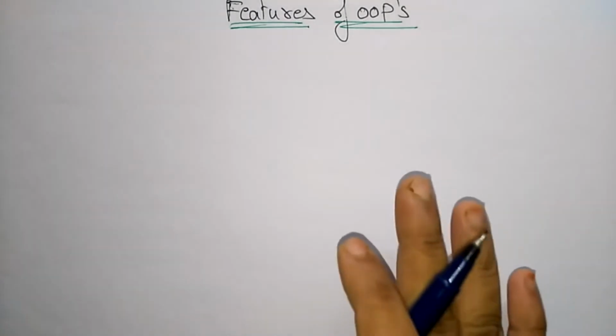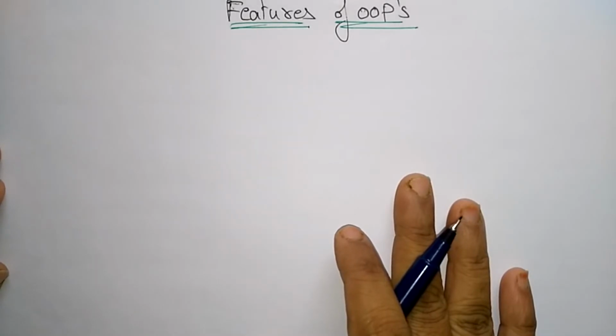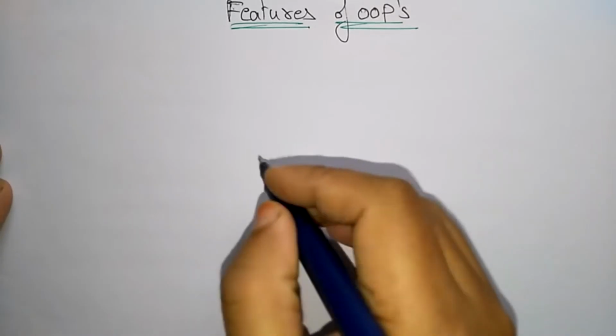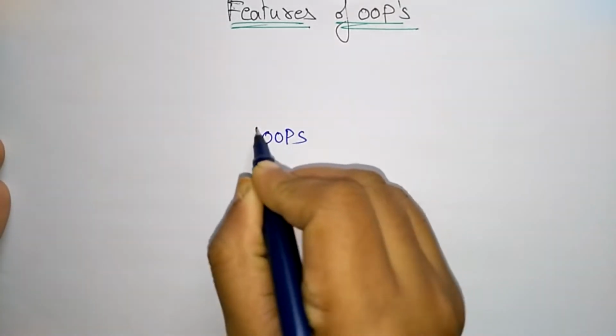Now let us see what are the features of OOPS. Actually this OOPS is having 4 pillars. So suppose this is OOPS, object oriented programming.